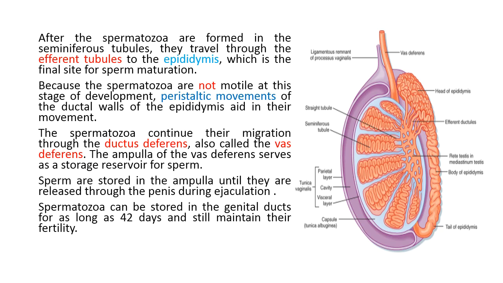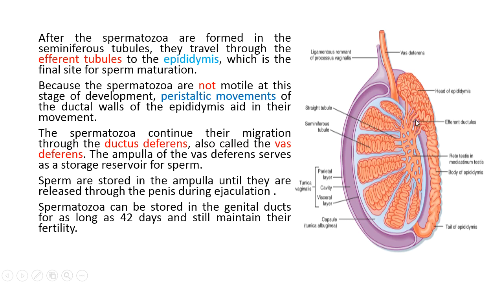After the spermatozoa are formed in the seminiferous tubules, as you can see, they travel through the efferent tubules to the epididymis, and this is the epididymis.